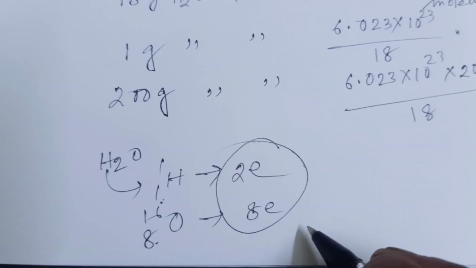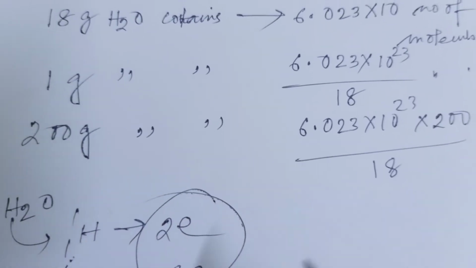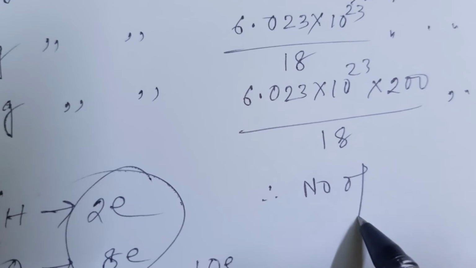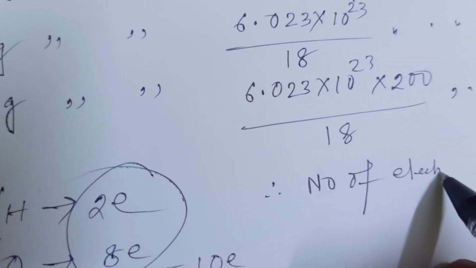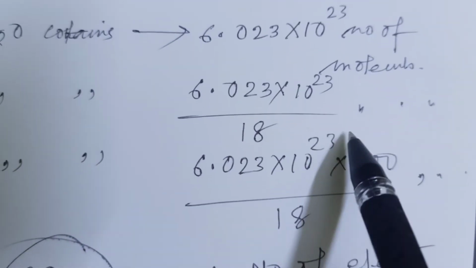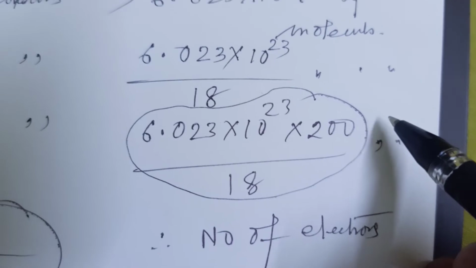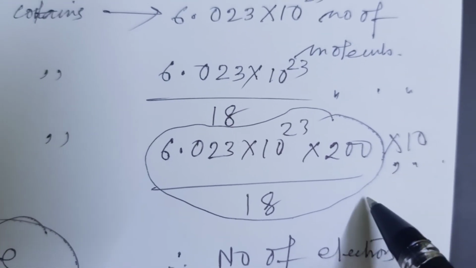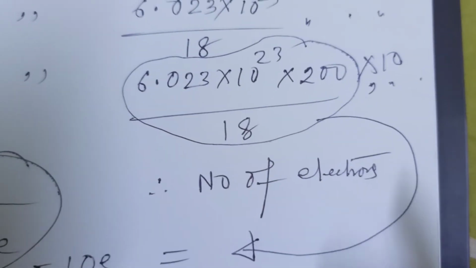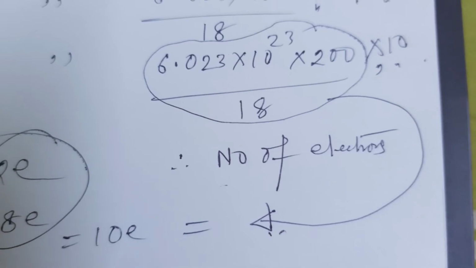So total number of electrons equals 10 electrons. Therefore number of electrons equals this total number multiplied by 10. Write down here, multiply this one, and this will be the answer, number of electrons.